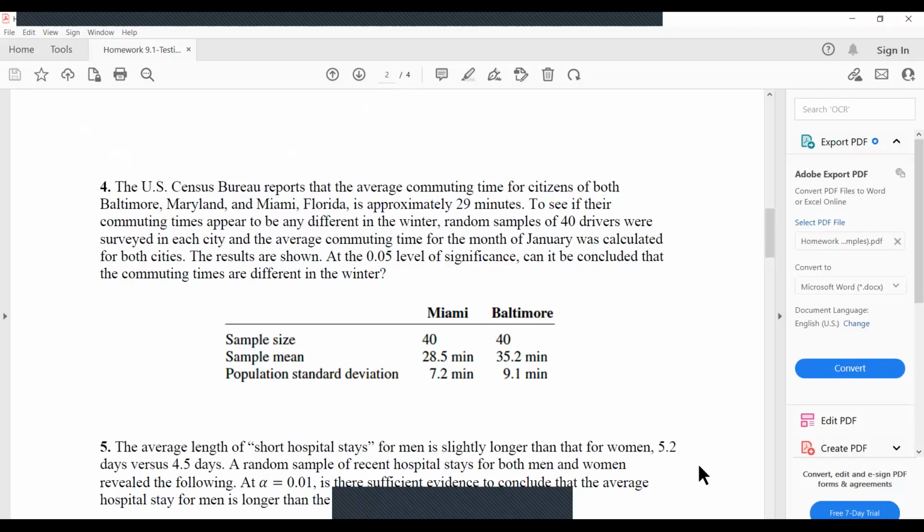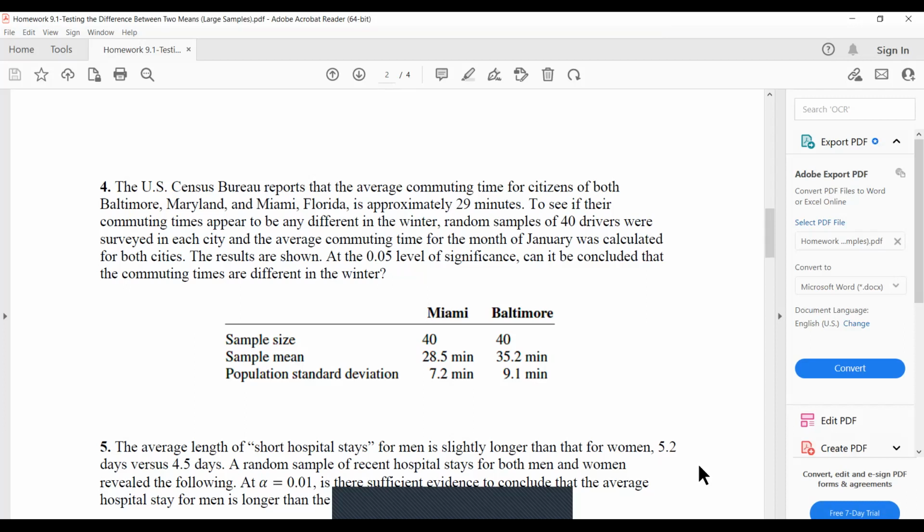So Miami has a sample size N1 of 40. My sample mean is 28.5.